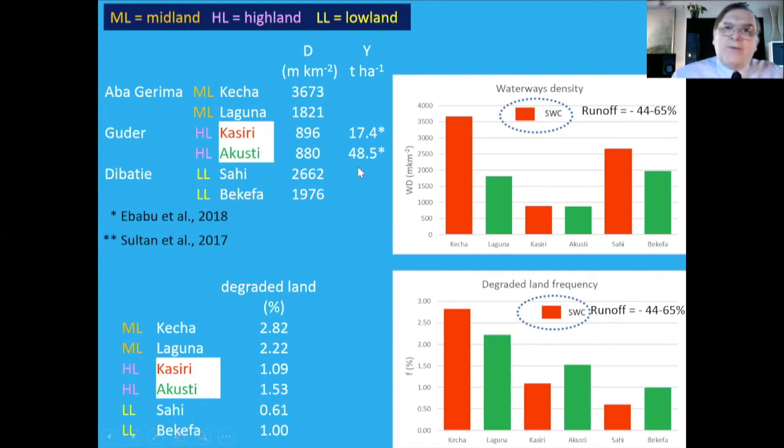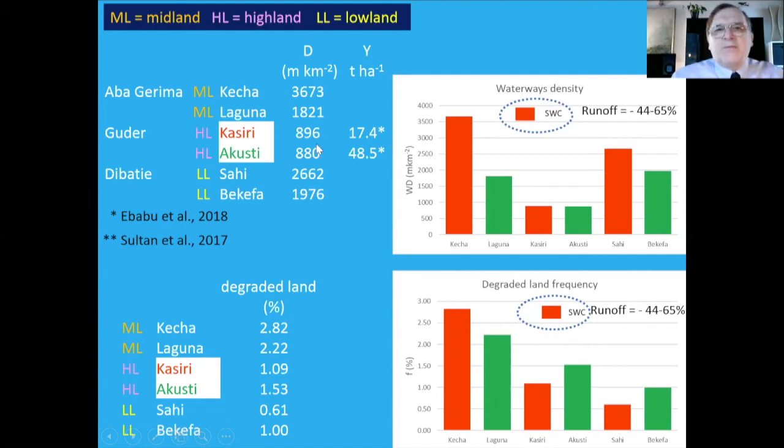Secondly, we have in Gully, according to Ababu data, that sediment yield is much larger in the untreated catchment rather than in the catchment where we have the soil and water conservation measures.